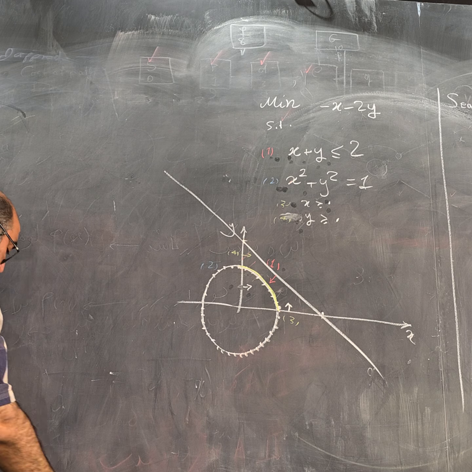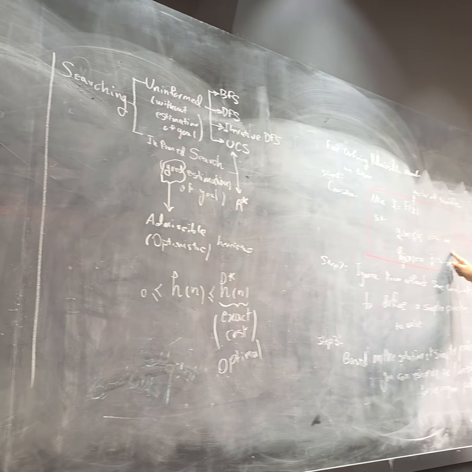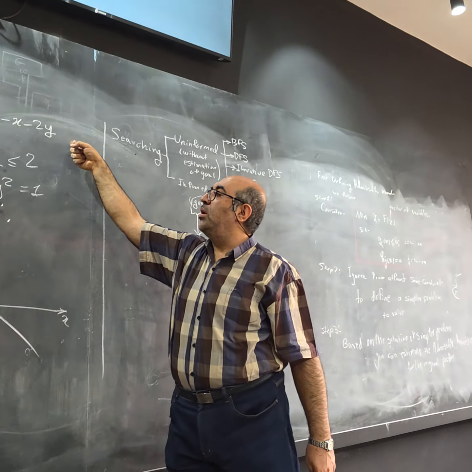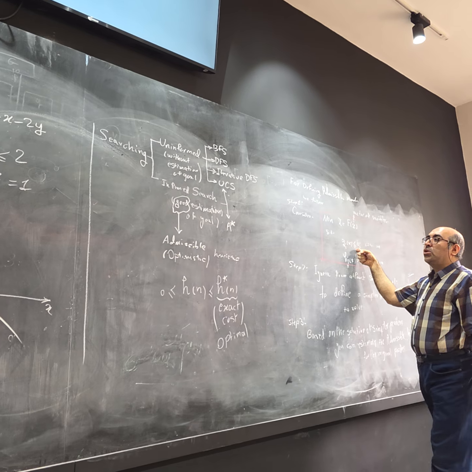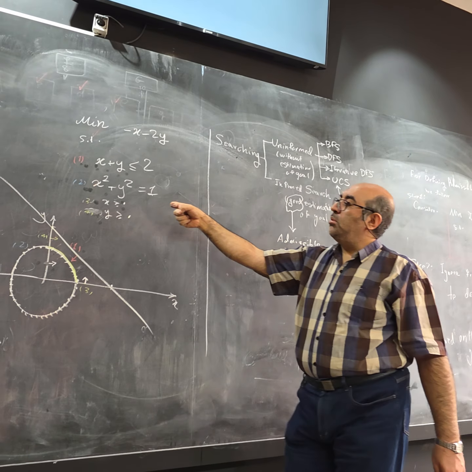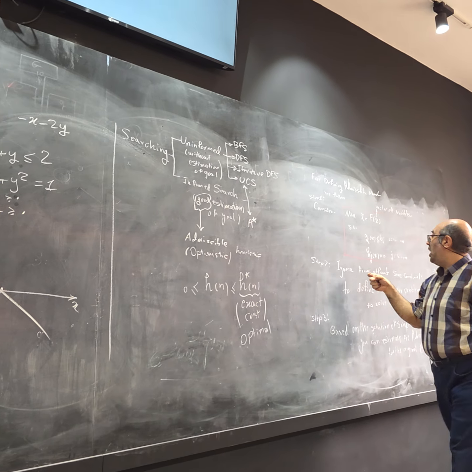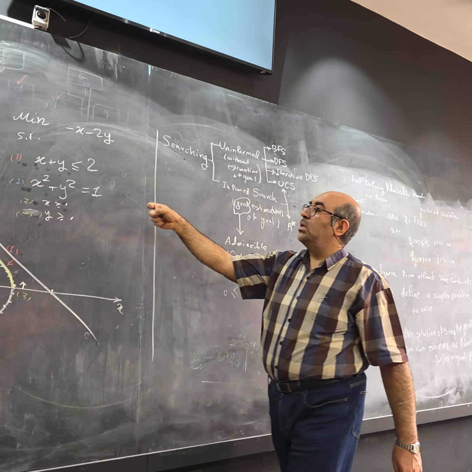Now, return to the problem. The original problem has an objective function. Yes, I have an objective function. Some constraints are inequalities, I have some inequality, and equality constraints, I have an equality constraint.